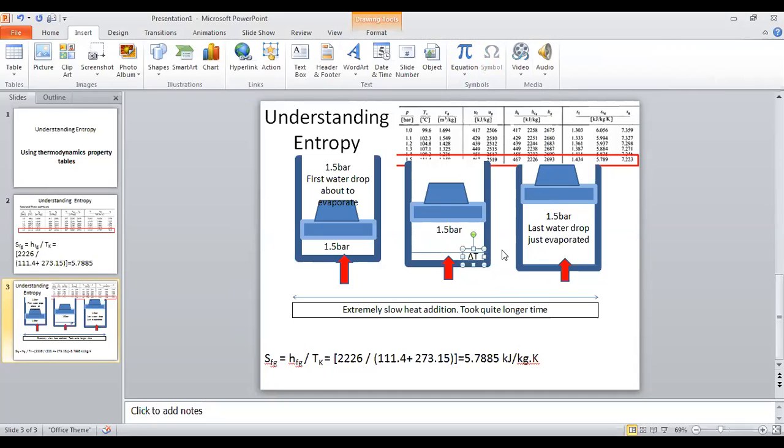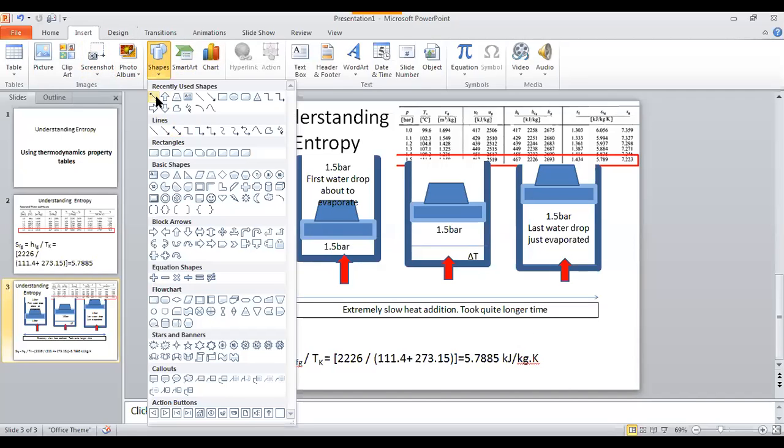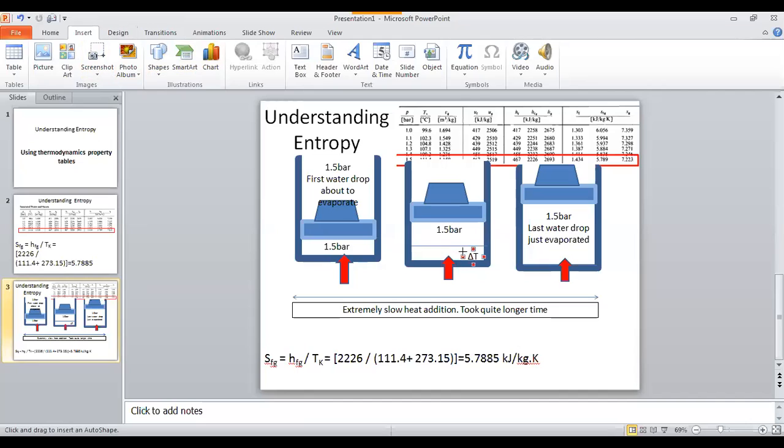This delta T is very small. Let me show you delta T here. Here delta T is extremely small.